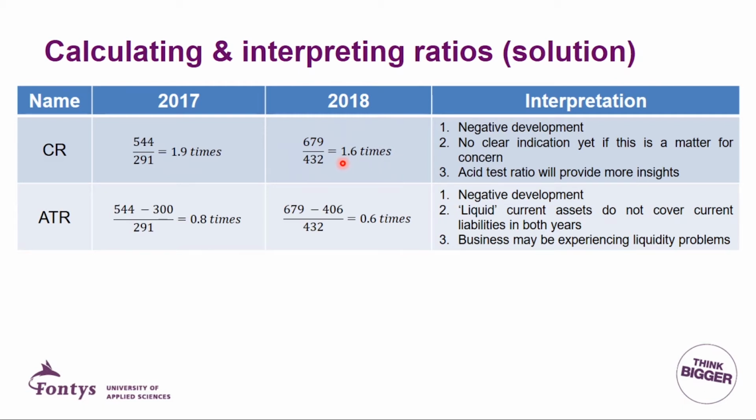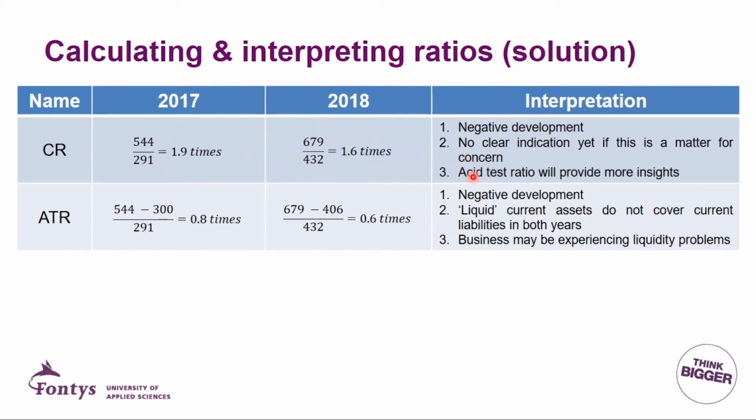Times means that in this case, the current assets can cover the current liabilities 1.9 times. If we interpret that, we can see that this is a negative development because we can cover less of our current liabilities with the assets. But there's no clear indication yet if this is a matter for concern.